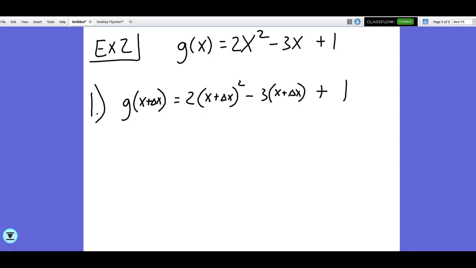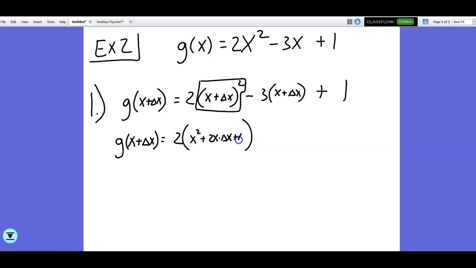Now we're going to simplify that though. We did this on the last slide. So anytime you see one of those things being squared, you're going to want to have that. So here we go. We have 2, and then the x plus delta x squared we saw on the last slide just becomes x squared plus 2x times delta x plus delta x squared.